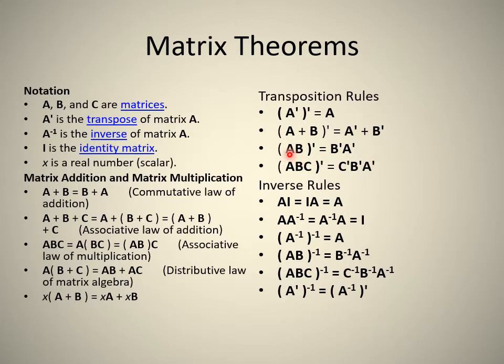When you multiply A with B, the transpose of that will be equal to the transpose of each of them. And the same where you have three matrices multiplied, the transpose of them will be the transpose of each, but you will see in reverse order.